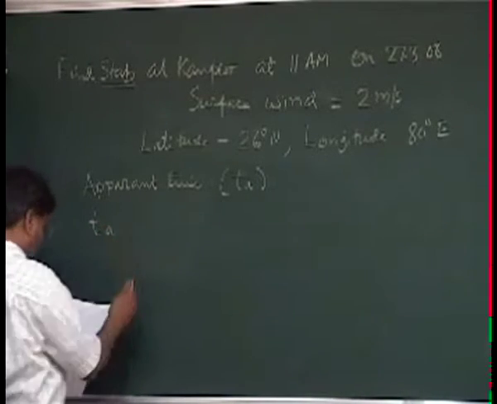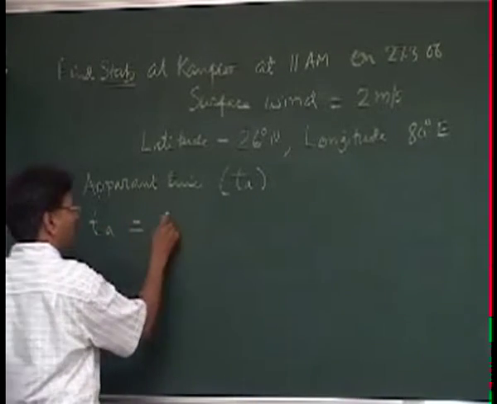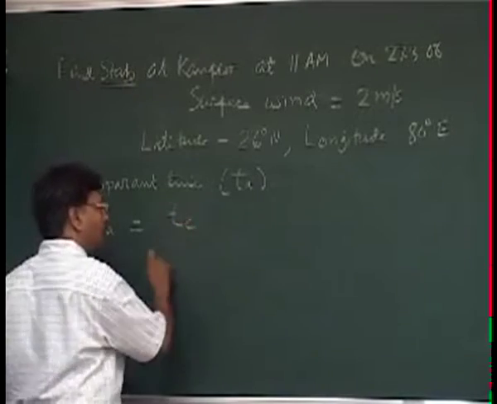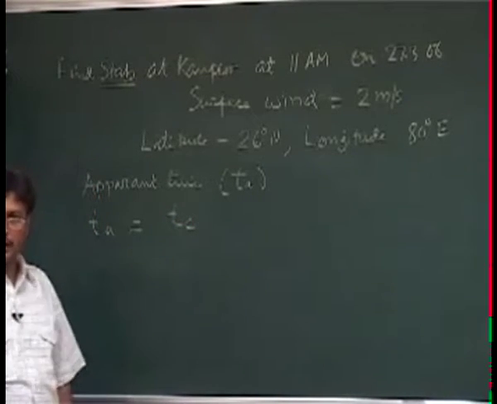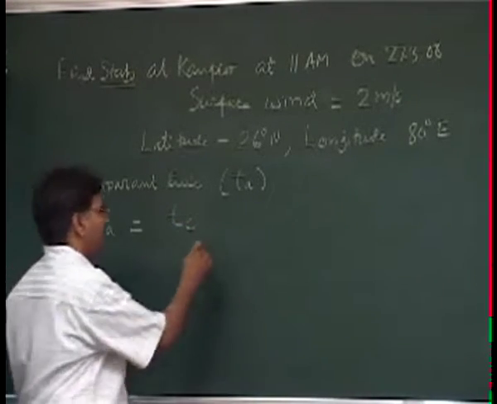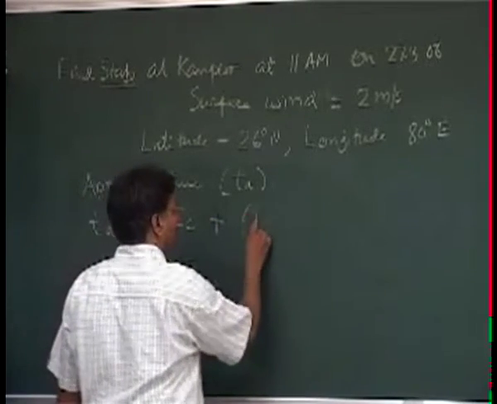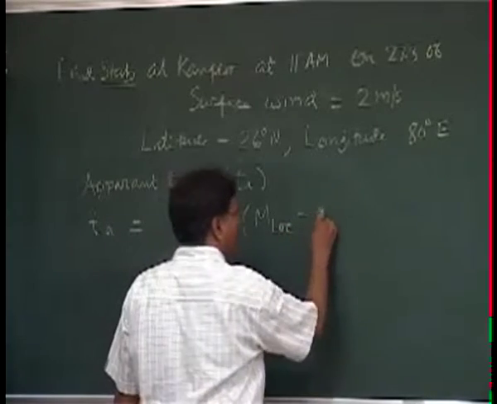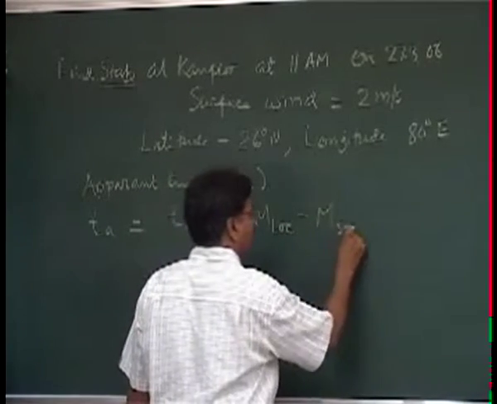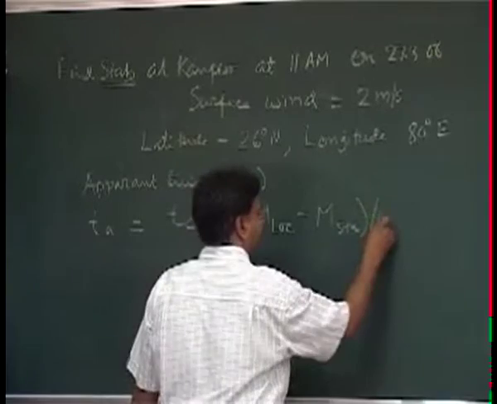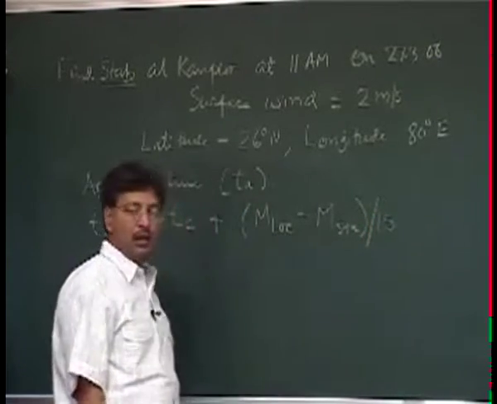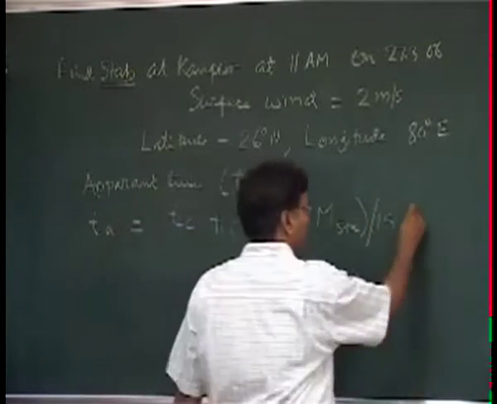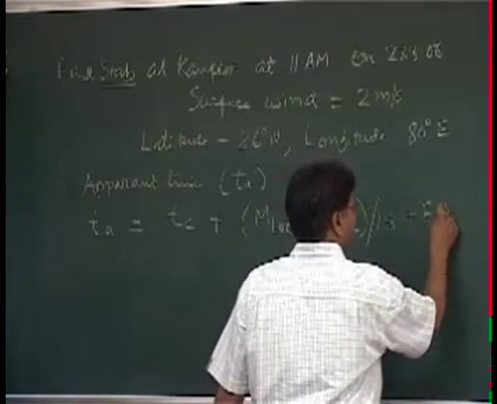I don't have the formula in front of me, but it is the standard time, plus the correction of local minus standard longitude divided by 15, plus the equation of time.